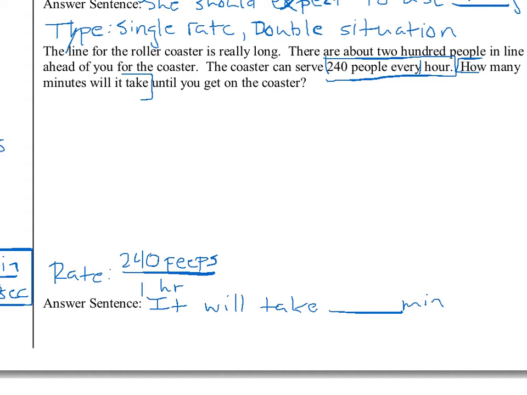And I'm looking through. There's no other numbers here, but I'm looking for my situation. I should be looking for a situation, 200 people. These are the number of people standing in line in front of me. These are the people that need to get out of my way. So that's 200 peeps.